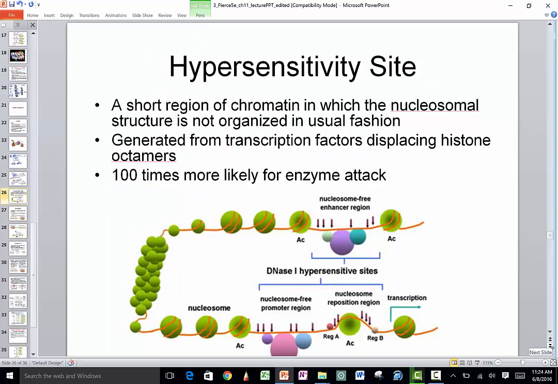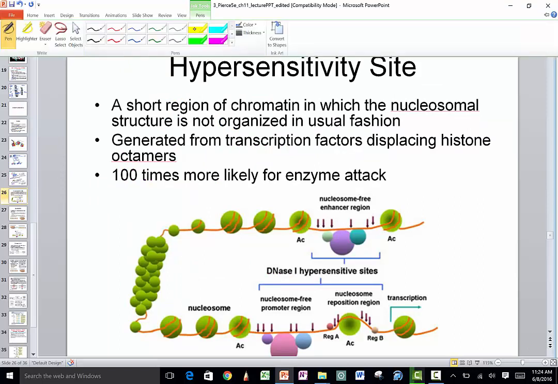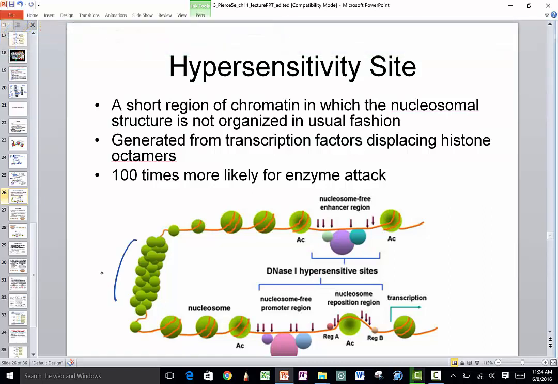We've got a region of dense chromatin, and we've got a region of loose chromatin, or condensed and decondensed. And how do we know this?